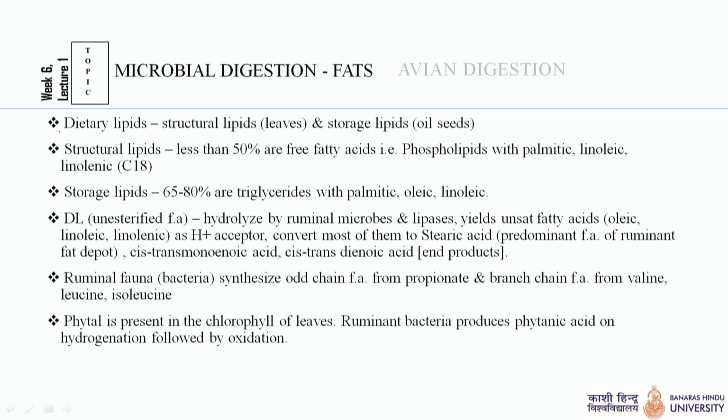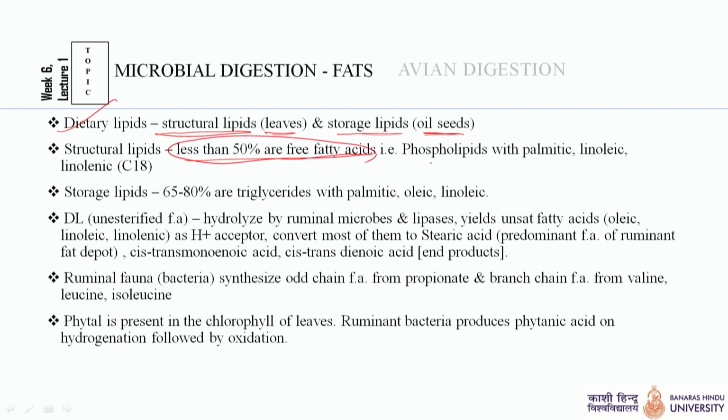Dietary lipids are either in the form of structural lipids, that is in the leaves, or in oil seeds, that is a storage form of lipids. So either it is a structural lipid or it is a storage lipid. The structural lipids in the leaves have less than 50% free fatty acids.